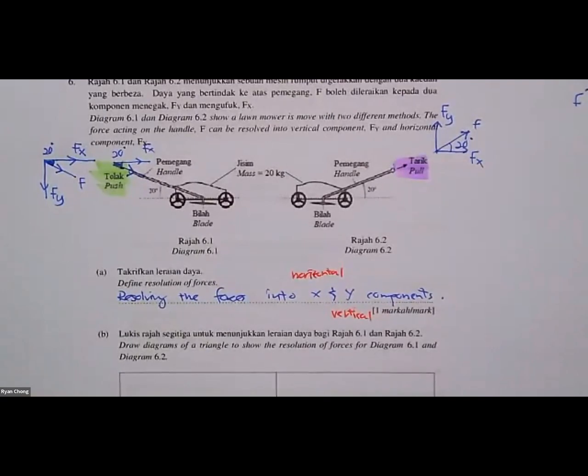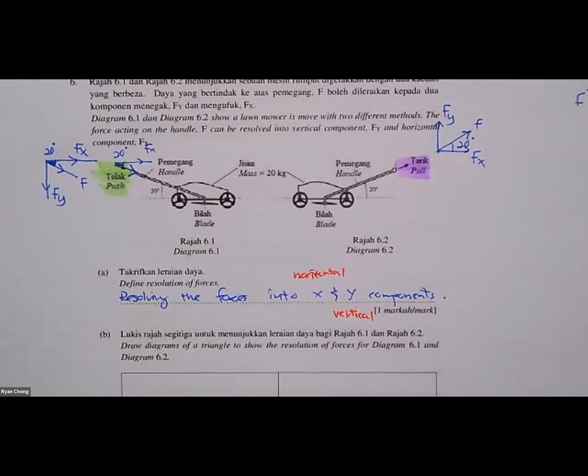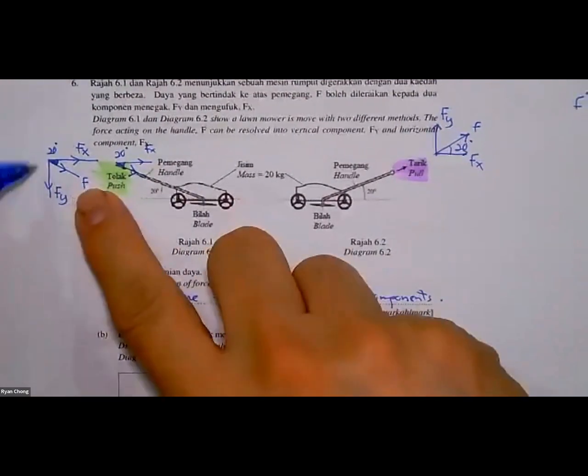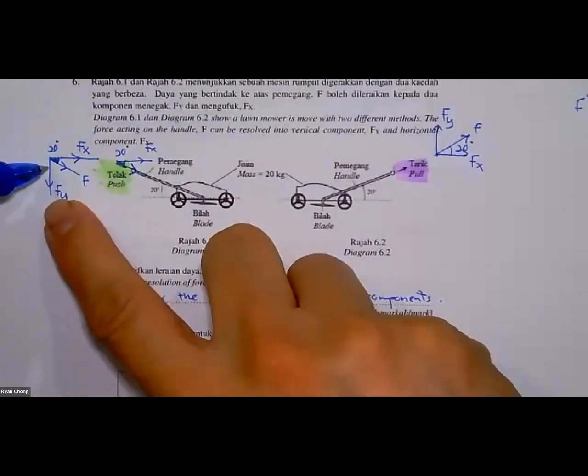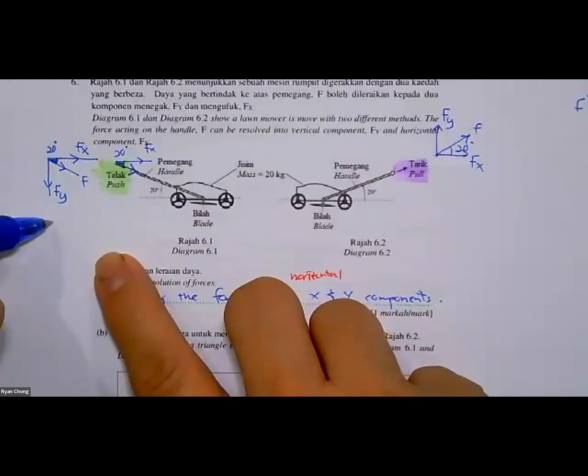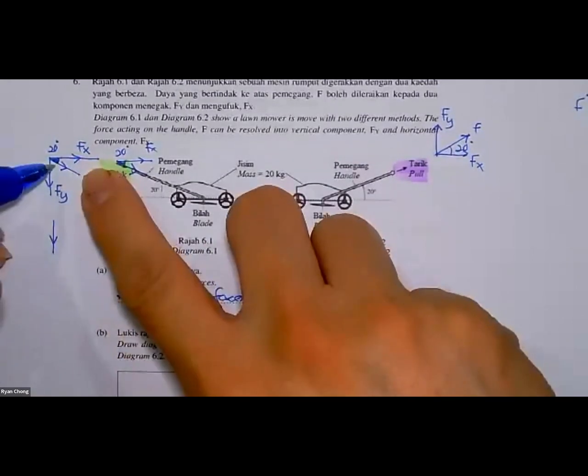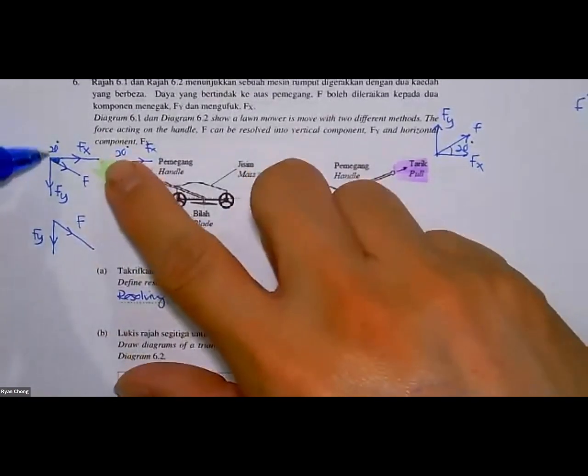Now the question I will ask you: draw the diagram to show the resolution of force. Now you see this one. How do we make them become a triangle? Let's say I remain the Fy going down, and I remain the force F. So you have to move one of them.